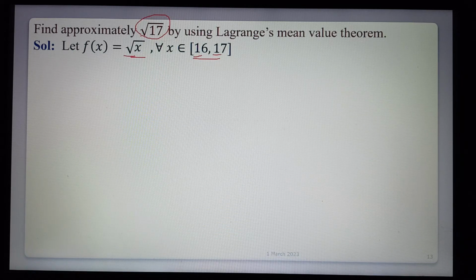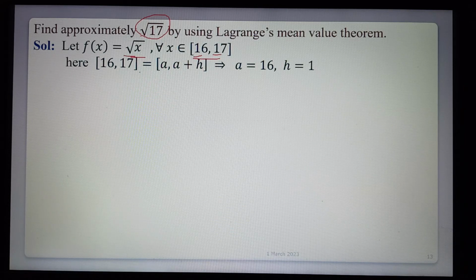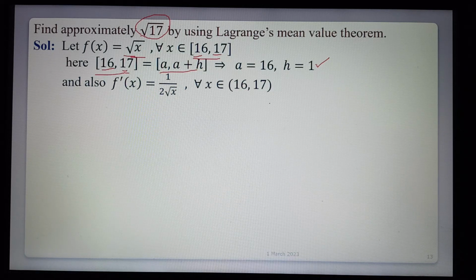It is clearly continuous and differentiable. Now finding the differentiation. Assume the given interval is a comma a plus h, the second form of Lagrange's theorem. Here a is equal to 16, a plus h is equal to 17, and h is equal to 1. And f dash of x is equal to the derivative of root x, 1 by 2 root x. So it exists for all x belonging to 16 to 17.